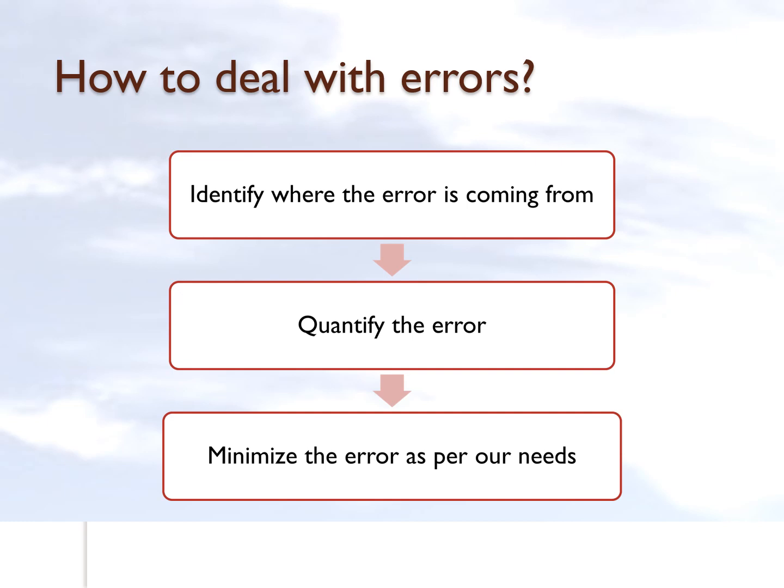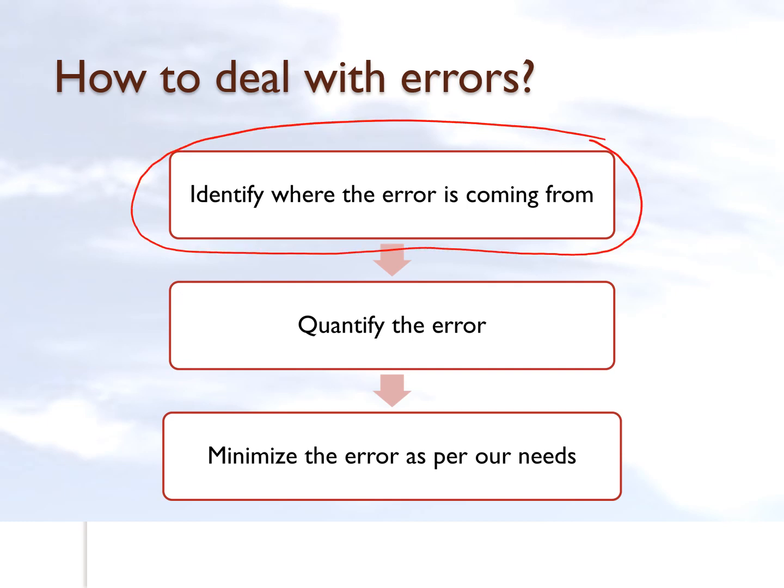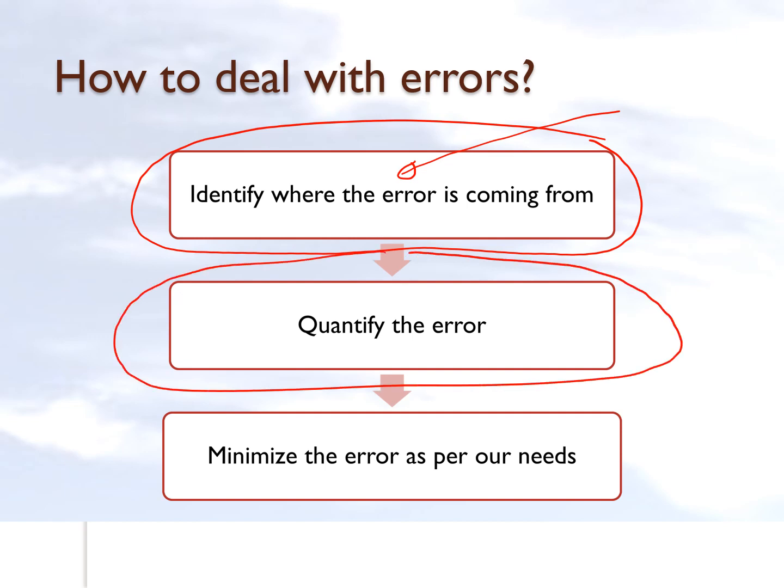So we have to quantify those errors, right? What we need to figure out about errors is that errors are not good, and we need to figure out how much error we can live with. The first thing we have to do is identify where the error is coming from, and that's something you will see throughout the course whenever we discuss a numerical procedure. The second thing is that we need to quantify the errors.